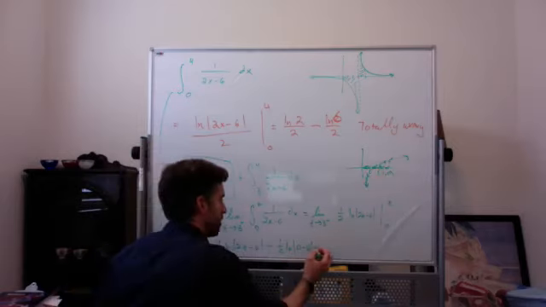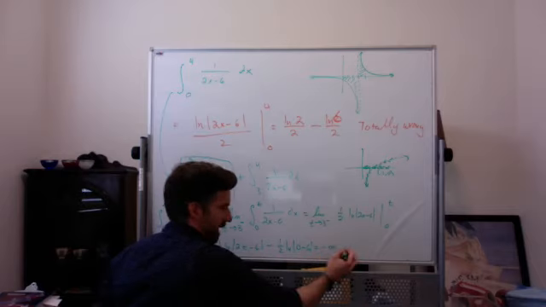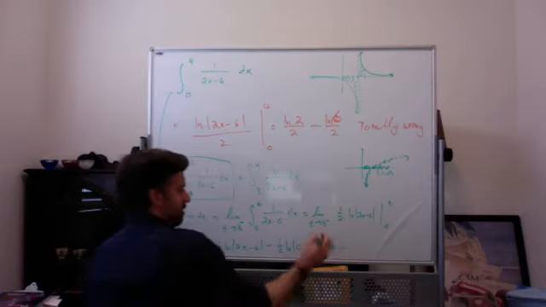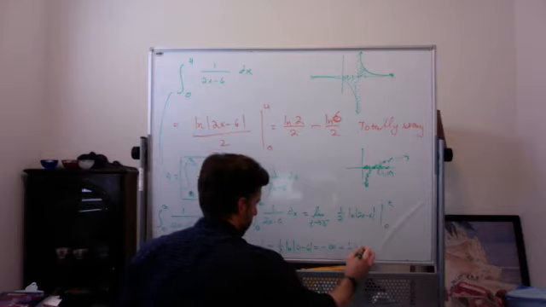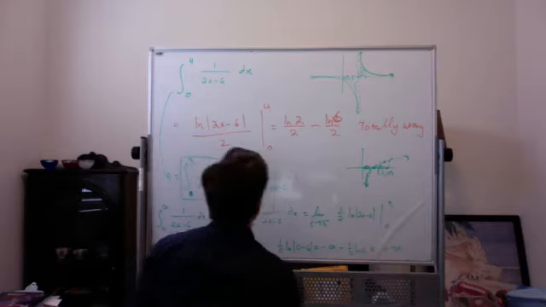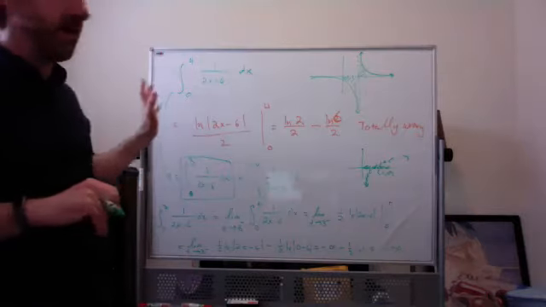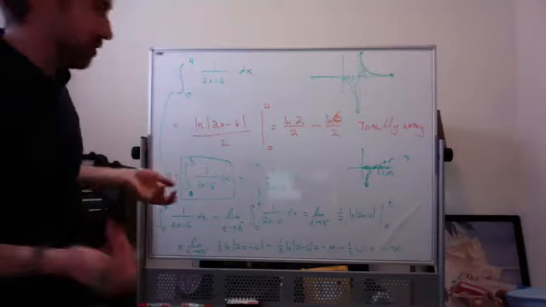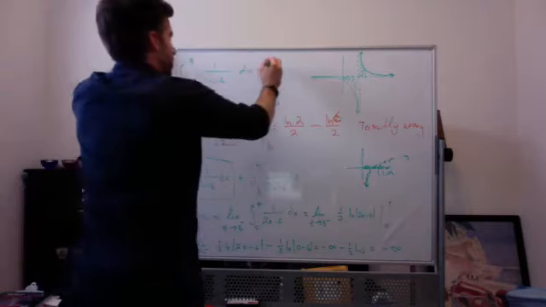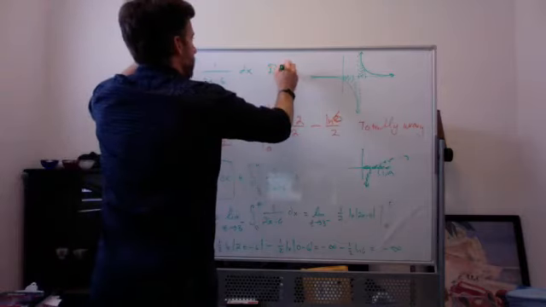So this is going to negative infinity minus, I don't really care what that is, minus 1/2 natural log of 6. So this portion of the integral diverges. So we're done. The whole thing diverges.